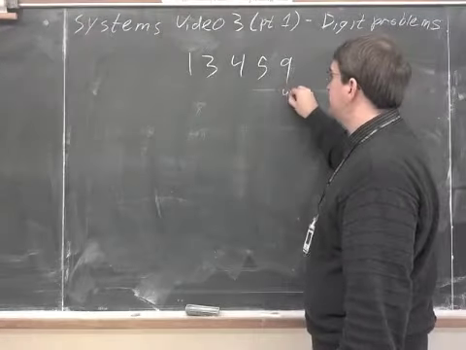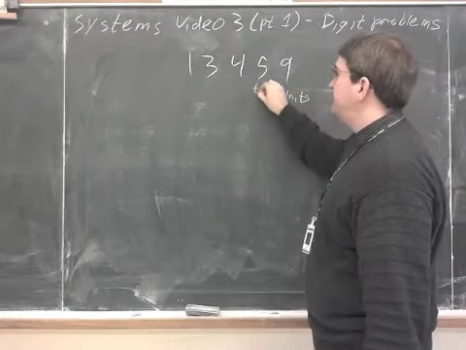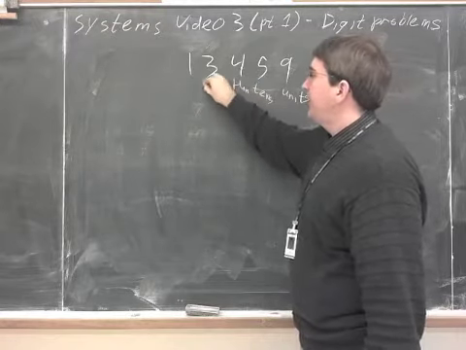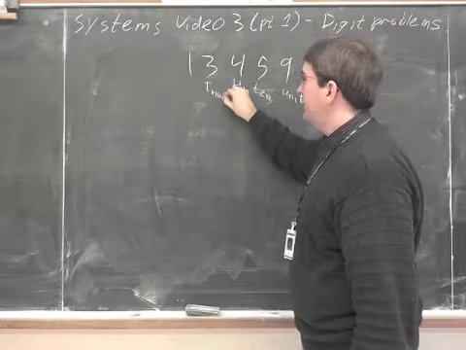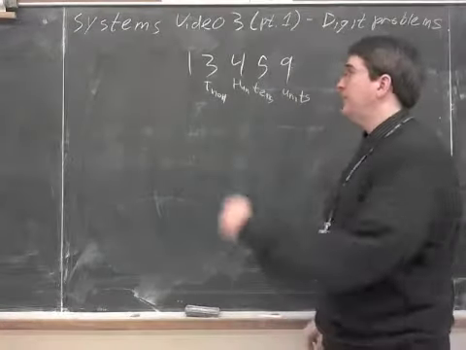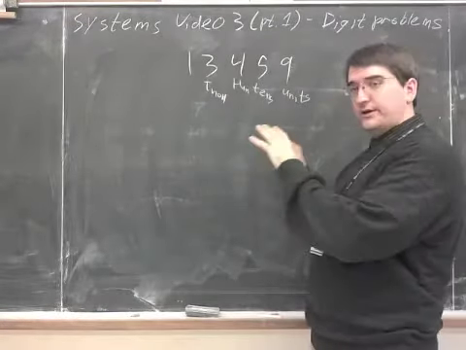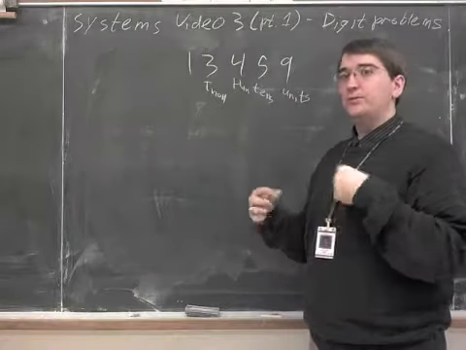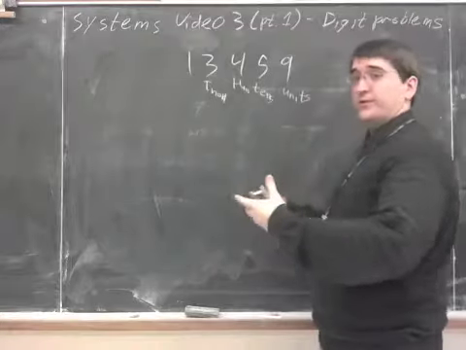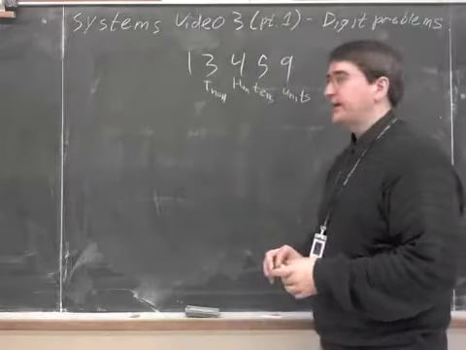There's the units place, the tens place, the hundreds place, the thousands, the 10,000s and 100,000s and millions and so on and so on. So each of these place values we fill in with a number from 0 to 9, and that creates the full size number that we're looking at.